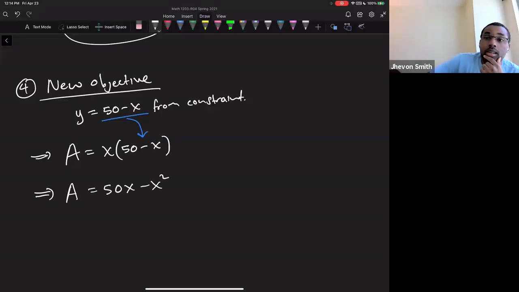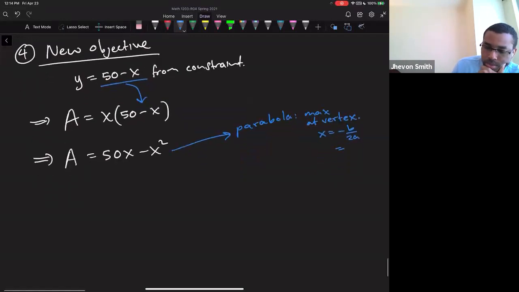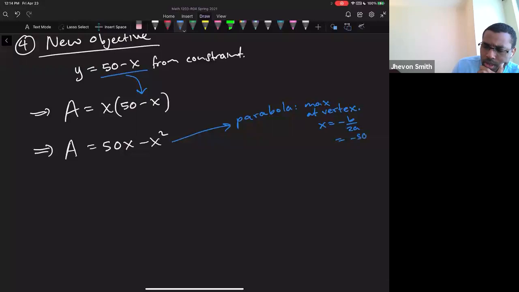In fact, this is an inverted parabola. We know how to find the maximum, it will just be the vertex. Max at vertex. So your x should be minus b over 2a, which is going to be minus 50 over minus 2.